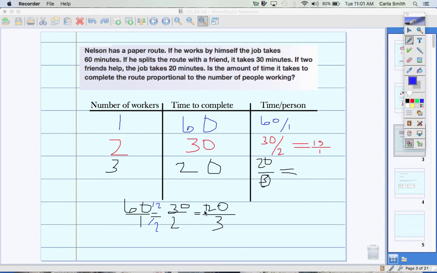But if I look from my second to my third one, I don't have anything that's going to multiply or divide on the same as the top and the bottom to make that one proportional. So my first 2 are proportional, but after he continues adding more people, those are not going to be proportional. So this is not proportional.